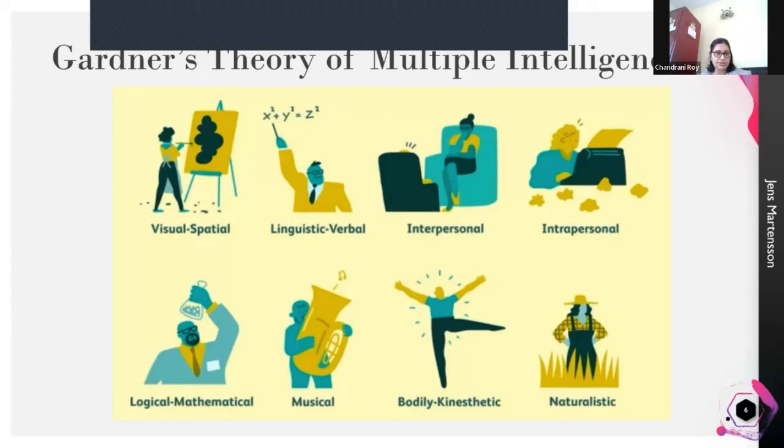So he introduced, as you can see here, 8 different kinds of intelligences. Gardner went on to say that the linguistic verbal and the logical mathematical, these two are the kinds of intelligence that we normally always value in society and also in school.